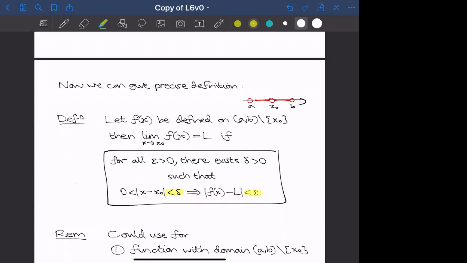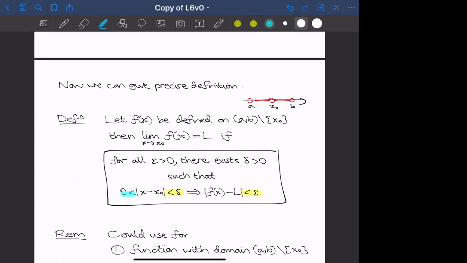And notice again, remember from last time, that the value of the function at x0 does not influence the limit. And that's reflected by this, that we don't look at x equals x0.